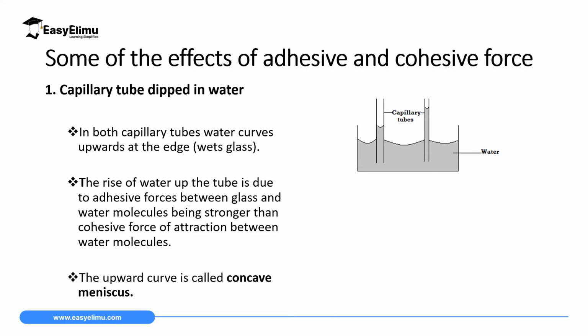So as you can see, these two forces are almost similar. The only difference is adhesive is between molecules of different kind, and cohesive is molecules of the same kind.